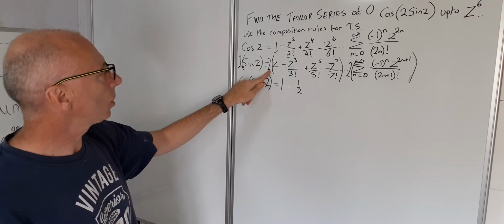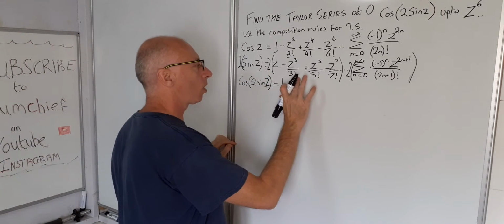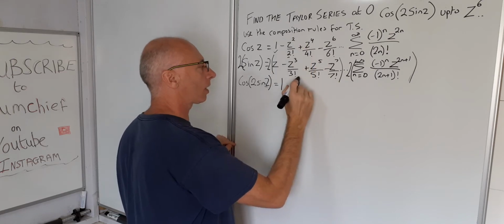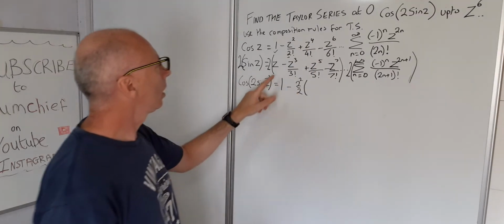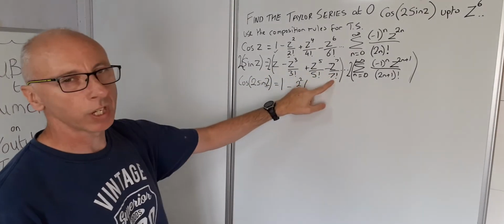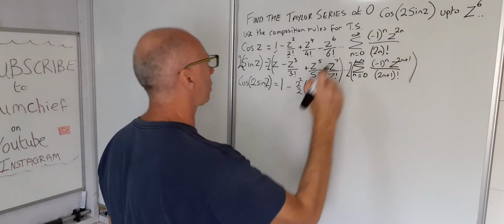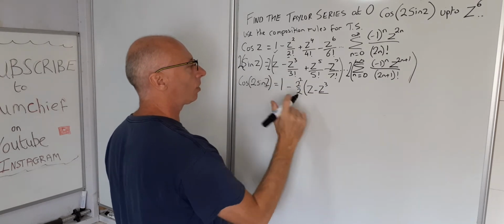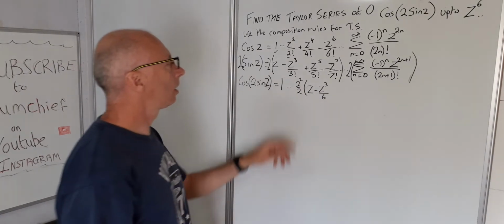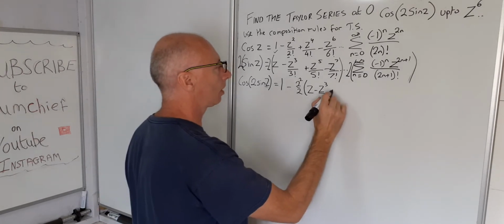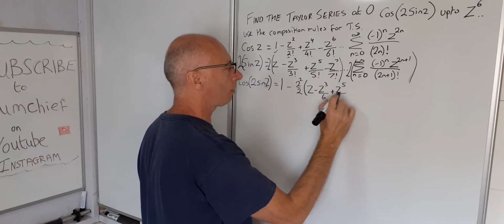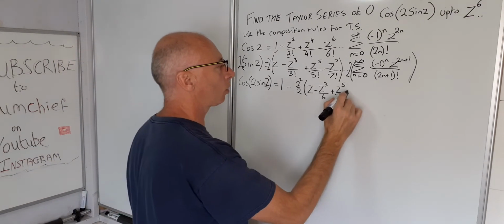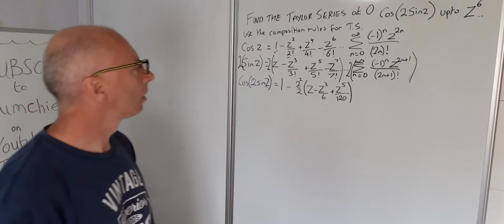So we see we've got a coefficient here of 2. So instead of this 1, I'm going to cross that out and put 2, but we need to square it, so that's squared. And now we just write this series in here. We don't need the 7th term because we're only going up to the 6th. So z minus z cubed over 6, I'm just going to plug straight in as 6, and z to the 5, we can plug that straight in for 5 factorial. 5 factorial is 120. Okay, this term will go on. I'm just going to close the brackets.